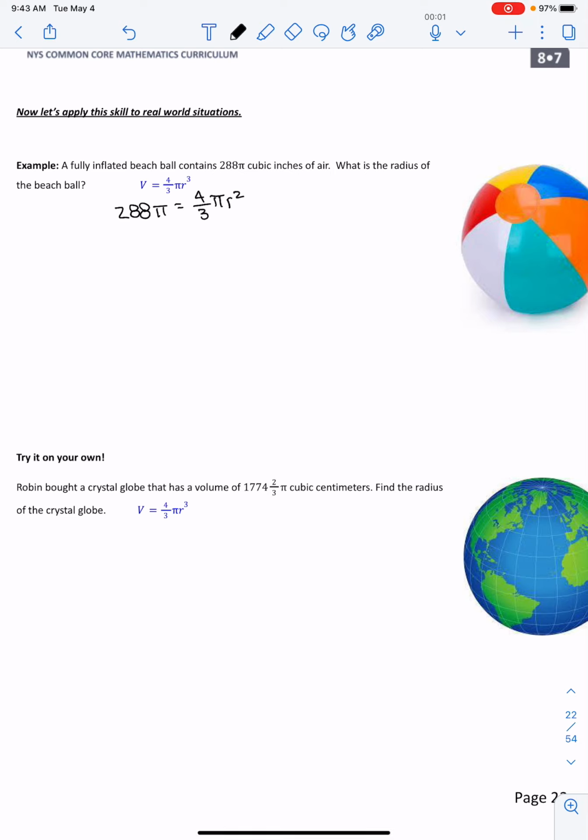Well, the first thing I'm going to do is divide both sides by pi and get rid of that. So that's gone. So I have 288 equals 4/3 r squared, or sorry, r cubed. Let me fix that. The next thing I'm going to do is, because this is a fraction, remember, multiply through by its reciprocal.